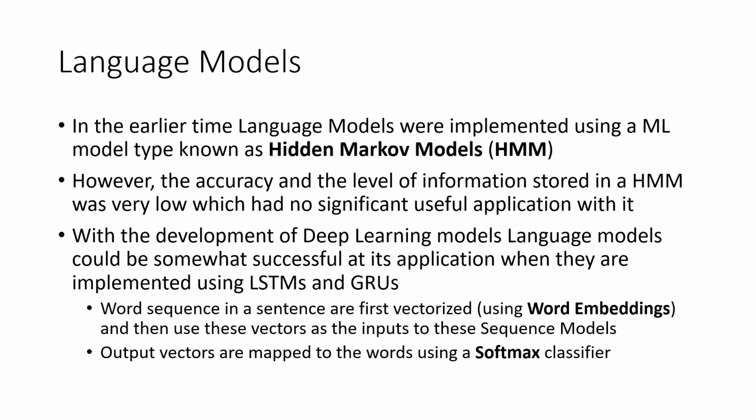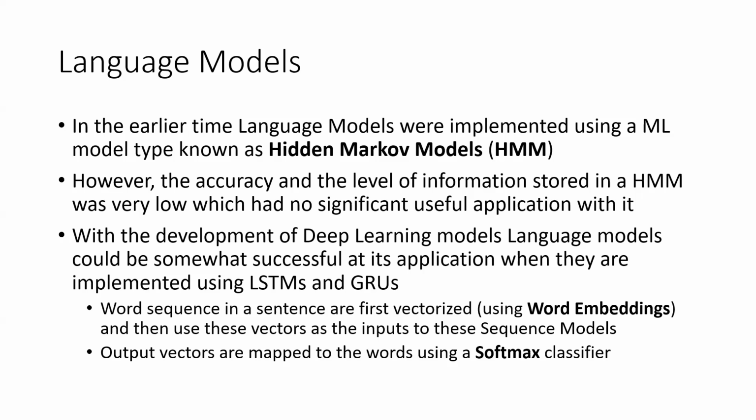So once these models are trained, we have to predict the next word, which will also become a vector, but this vector is converted back to its original word by using a softmax classifier at the end. Right?